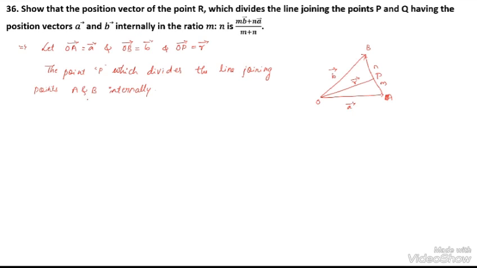Now I can consider here m into vector BP, or PB. I can take m vector as it moves from A to B. That's why I'm taking BP. Again it is equal to n into position vector AP. Again, m divided by n, taking n here, vectors are taken on the right side.